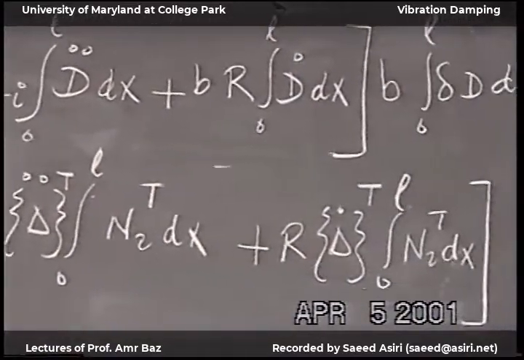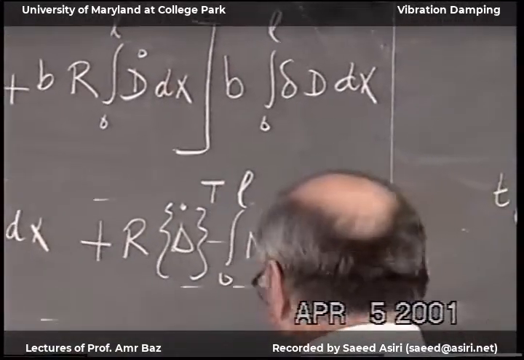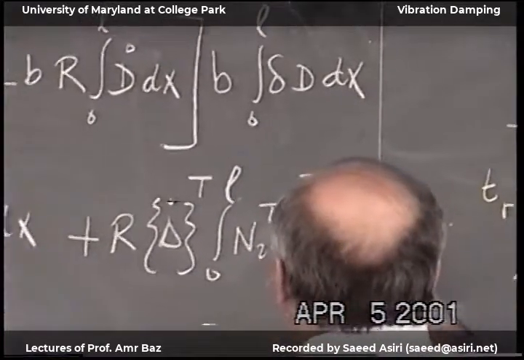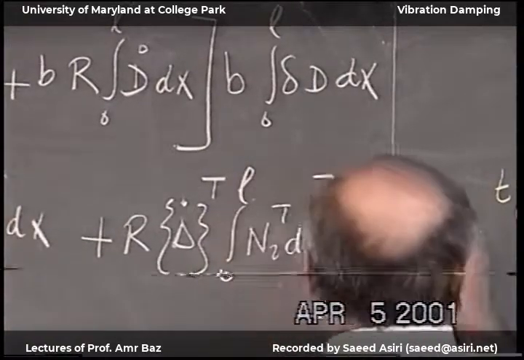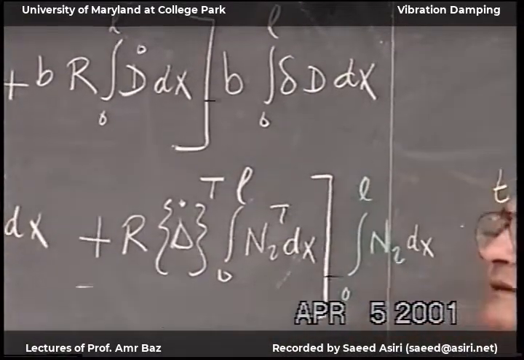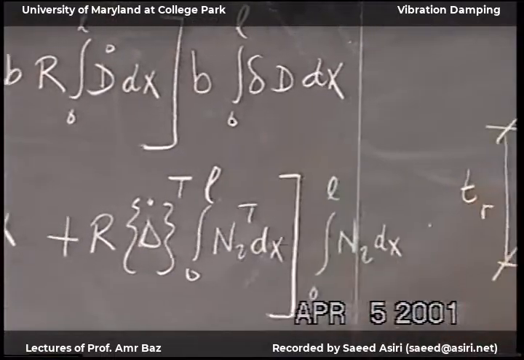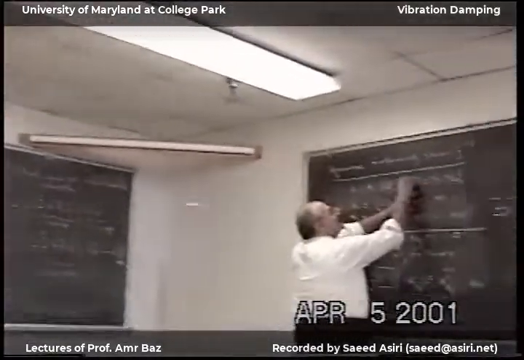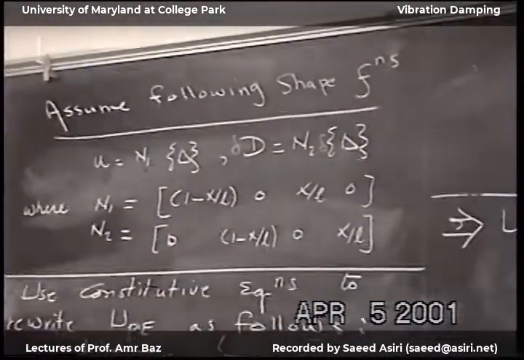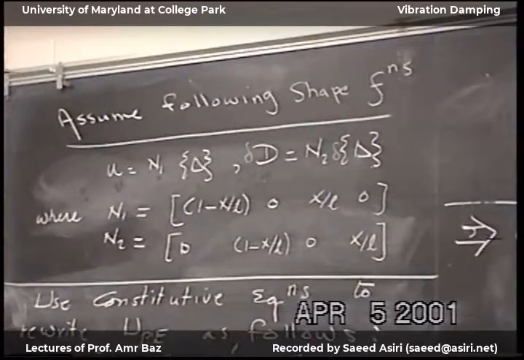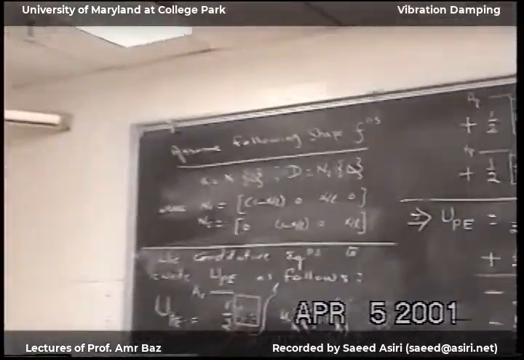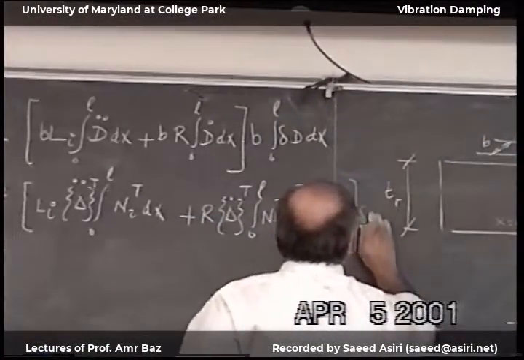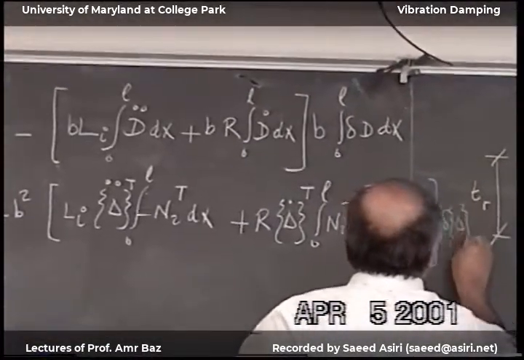I'm going to replace it like this: integral from 0 to L of N2 dx, times del of delta.